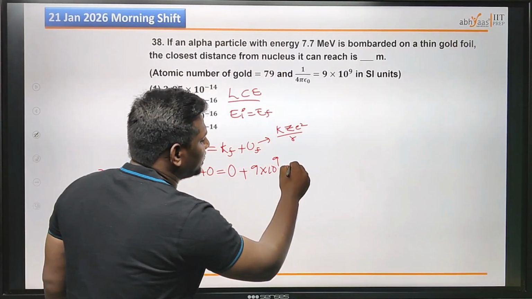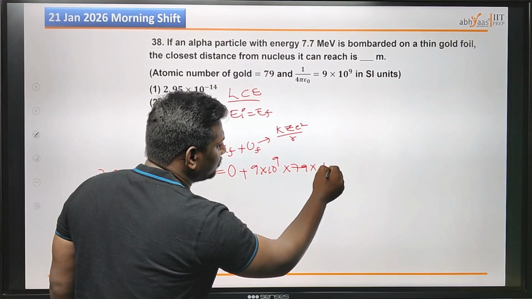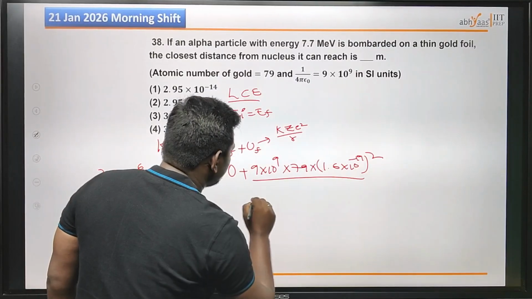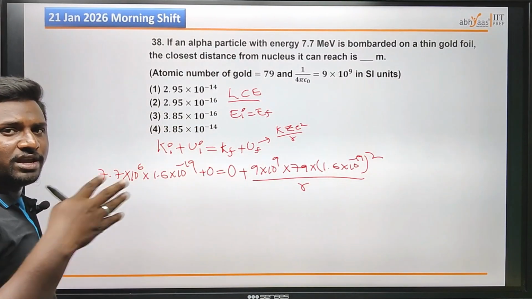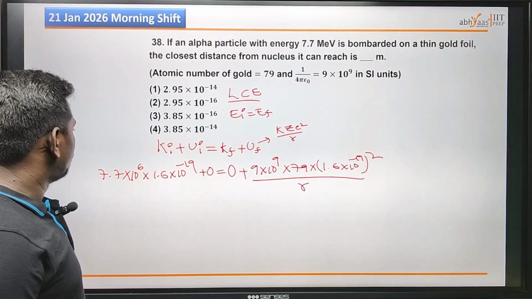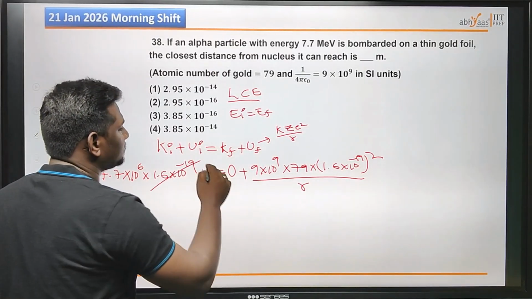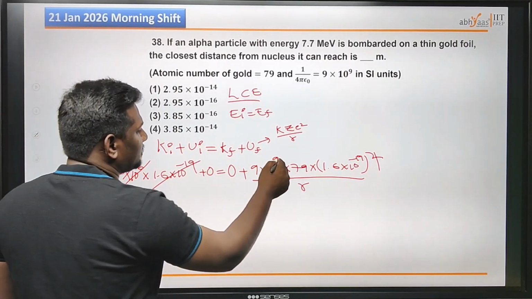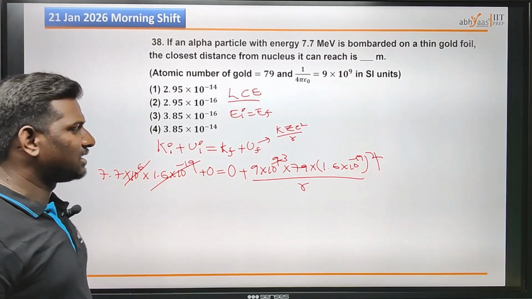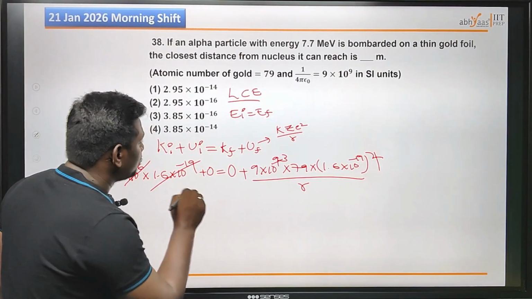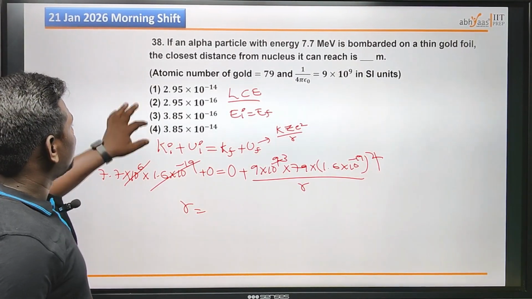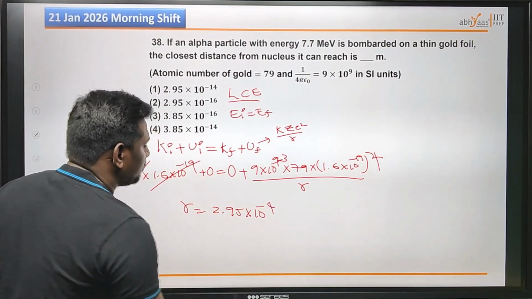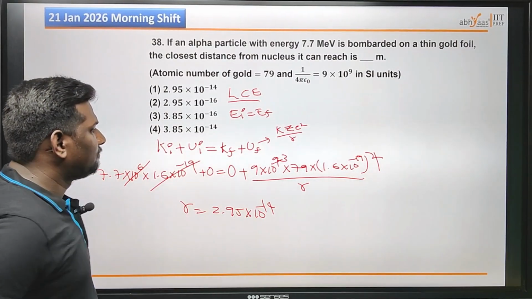What is Z? 79 into 1.6 into 10 to the power of minus 19 whole square by R. You have to find the value of R. If you cancel out the things, 10 to the power 6 and 3, and find the R value, you will get 2.95 into 10 to the power of minus 14.